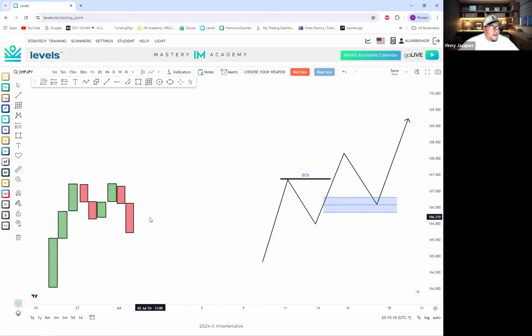All right, we got a breakout. Awesome. So right here we had a higher high. Market pulls back. We hit this zone and we start to pull back. So we're starting to see structure being formed, right?